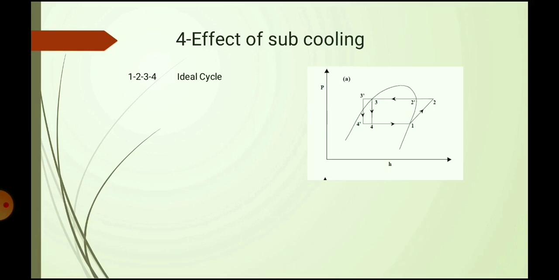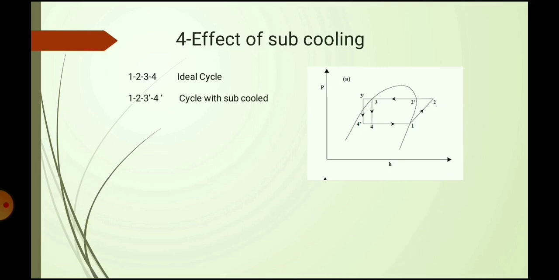And due to subcooling, the throttling process in the subcooled cycle starts from 3 dash. It does not start from 3. Therefore, the throttling process in the subcooled cycle is shown by the process 3 dash to 4 dash.